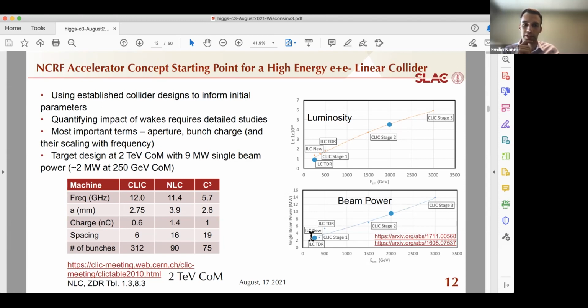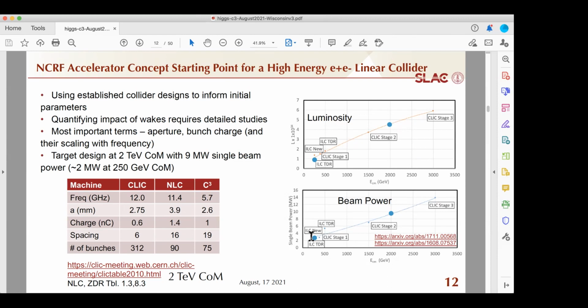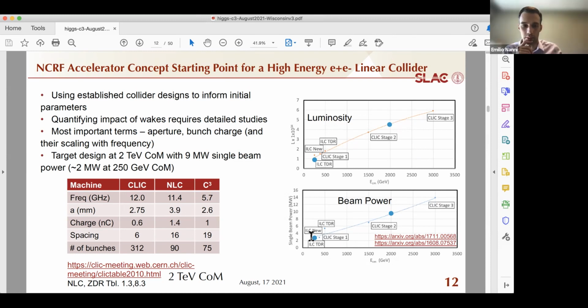But it's an interesting study to do as an alternate option for an upgrade. You could turn the machine on with some bunch length and then extend the bunch train to longer and improve the luminosity just by adding cryo plants. You wouldn't even need to add RF sources in that case, because the RF sources we're talking about can easily operate to 3 microseconds, and in the pulses I showed, they're only utilizing 1. So it's a fairly conservative starting point.